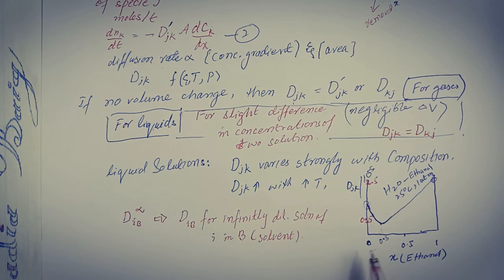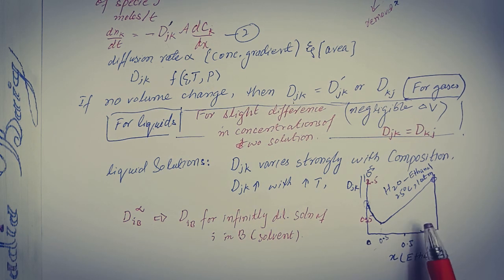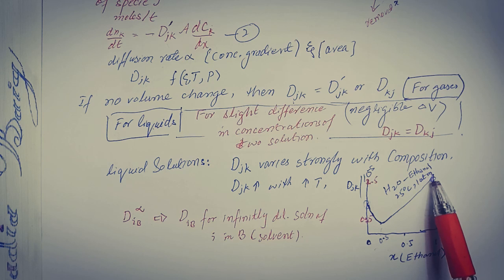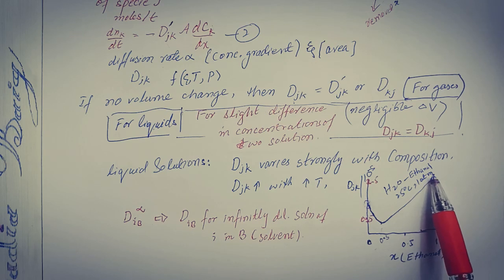So here we can find which one is the diffusion coefficient for infinite dilution, when the solute or the solvent. Let's see from this description. For example, if we have D_IB infinity, that is the diffusion coefficient for I in B for an infinitely dilute solution when the solute is I in solvent B. For this case, the infinitely diluted water in the ethanol solvent, the diffusion coefficient at infinite dilution is given from this point.